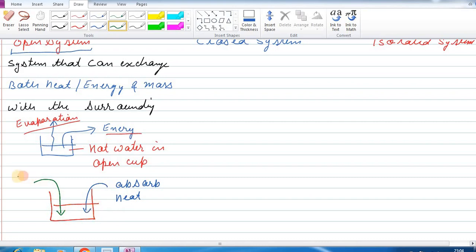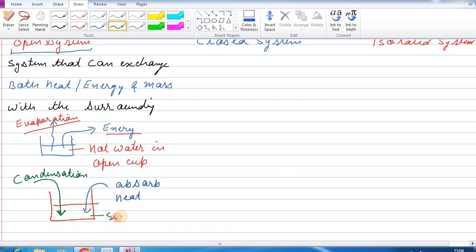So there will be condensation, and the water from the surrounding will start to deposit inside the beaker, and heat inside the beaker, or the system, will increase.